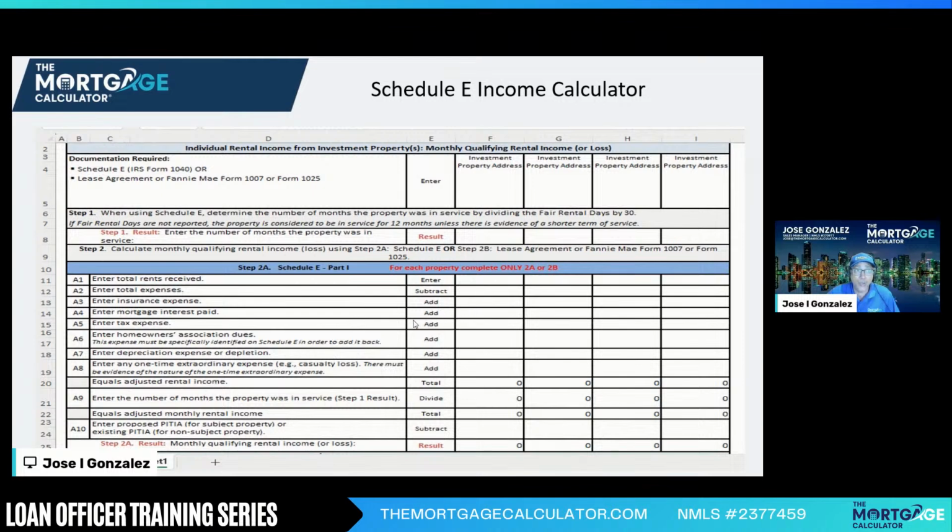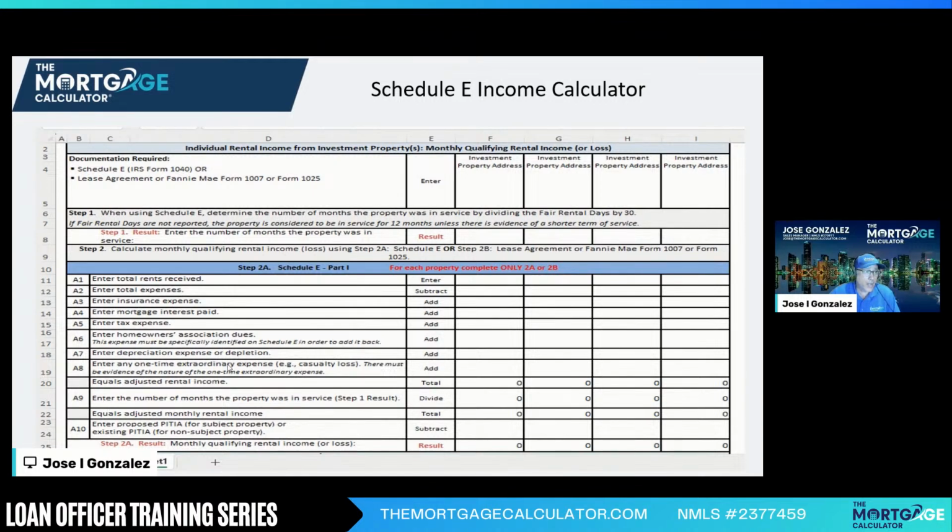You would leave it alone, and those amounts would be taken into consideration in the total expenses. And again, here's your other expenses, HOA dues, here's our depreciation, which is always added back, or depletion, if it actually lists a category called depletion in the Schedule E.